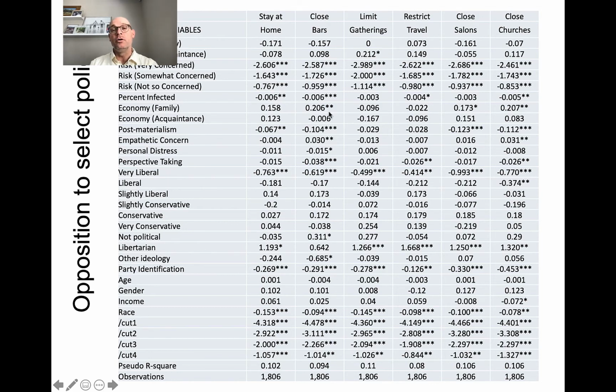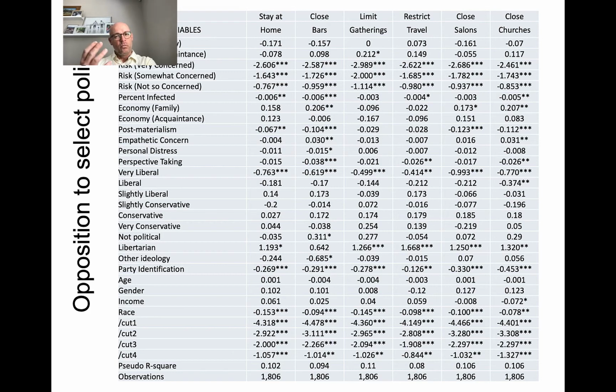They were more opposed to closing bars if they had a family member who was economically impacted. The same thing happens with closing salons. Salons generate money, bars generate money, but across the ones that don't, like staying at home, limiting gatherings, restricting travel, and closing churches, they don't see those as necessarily money-making industries.